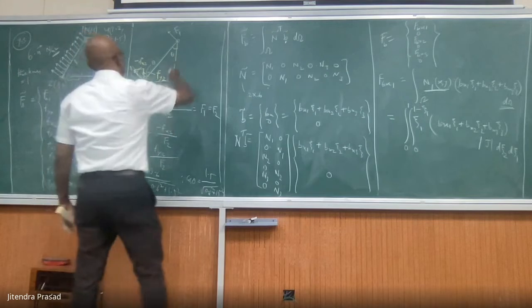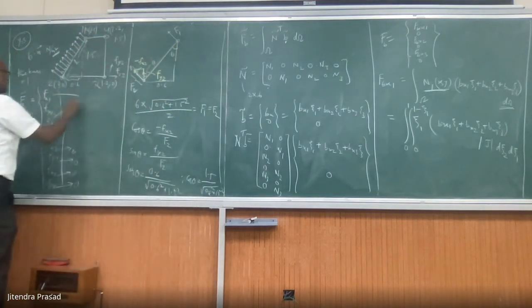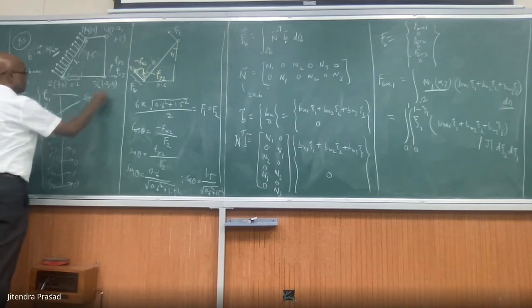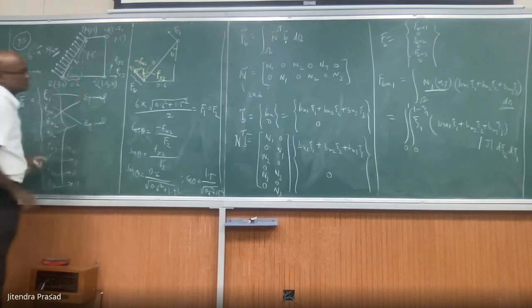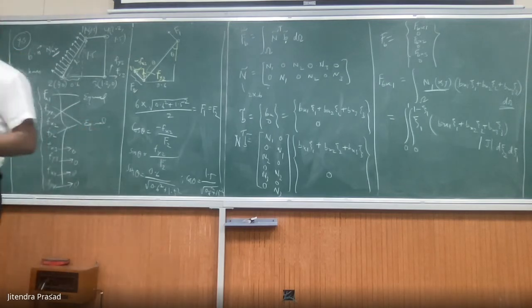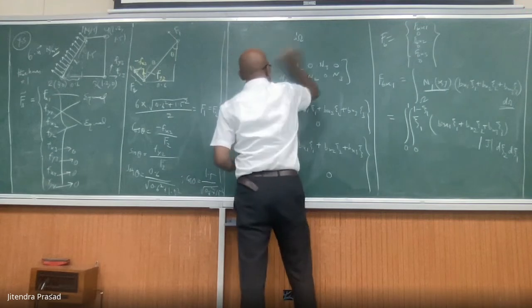Similarly, we know that this and this will be equal, and this and this will be equal. So this is how you will do it as inside. If you want to use N1, N2, that also you can do, and you know how to proceed for that.